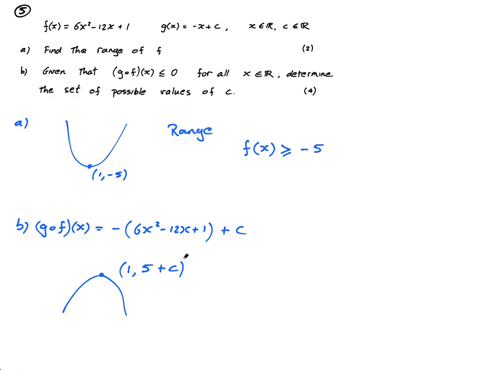Now, it says this whole function is always less than or equal to 0. What are the possible values of c? So let me actually draw a set of axes here. Imagine this is my x and y axes.